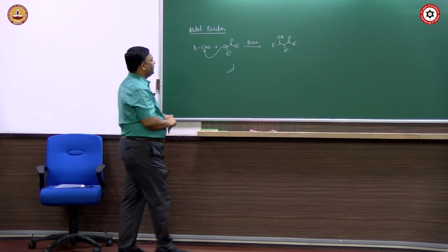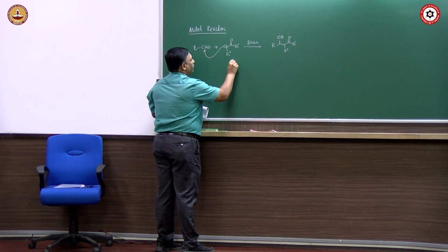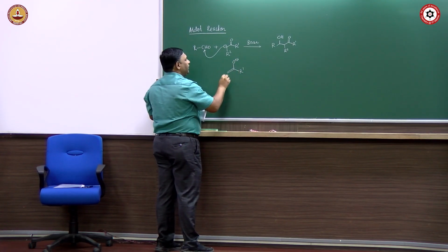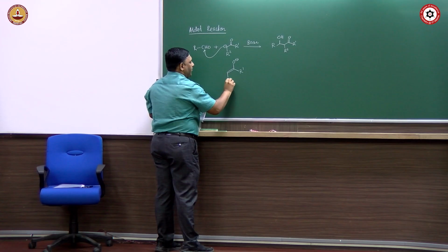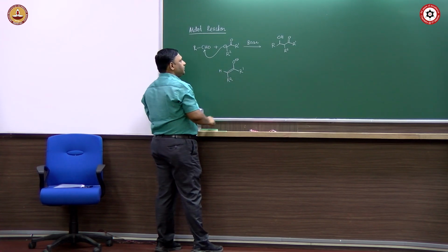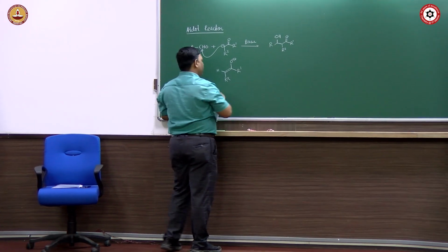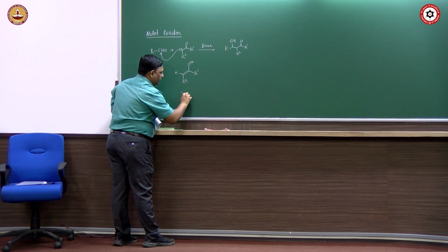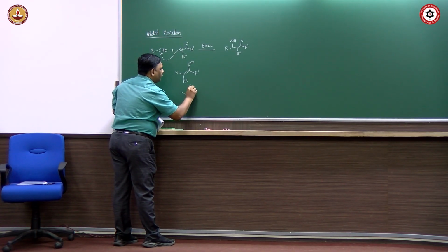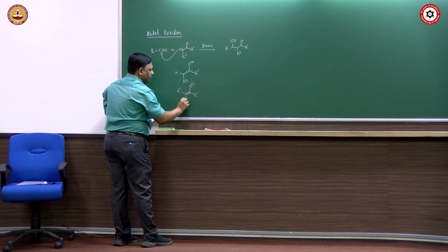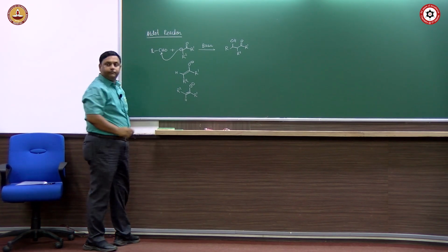One case is that you get O minus and R1, and this R2 like that, and there is one hydrogen. One more scenario would be that you have O minus, R1, and now R2 is here and hydrogen is here.